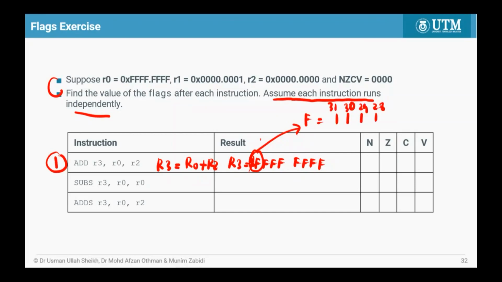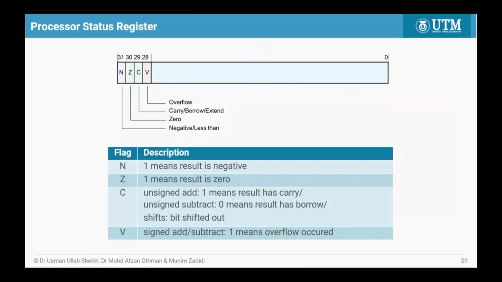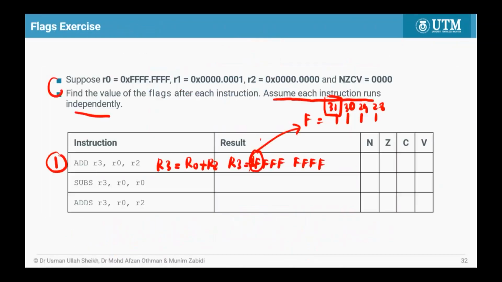To determine the N flag, you need to look at bit 31, your sign bit, either it is 1 or 0. In the previous class, we already learned about this. By looking at this result, you need to look at bit 31. Since bit 31 is 1, and 1 means negative, N equals 1.